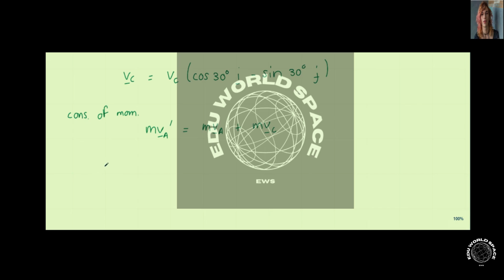Now again, we'll break these into its x and y components. So the x component, and we'll divide both sides by m, we get that vA's x component is equal to the x component of vA prime, the initial velocity of ball A, minus vC cos of 30 degrees.